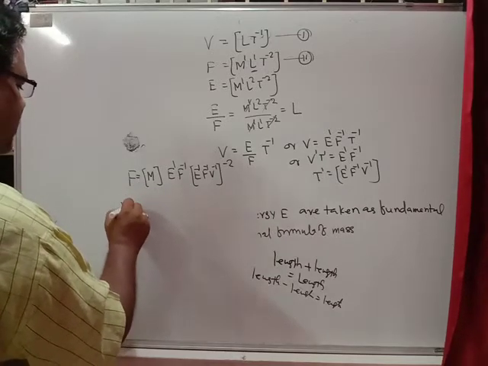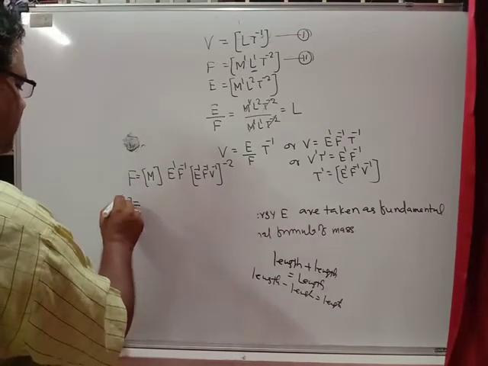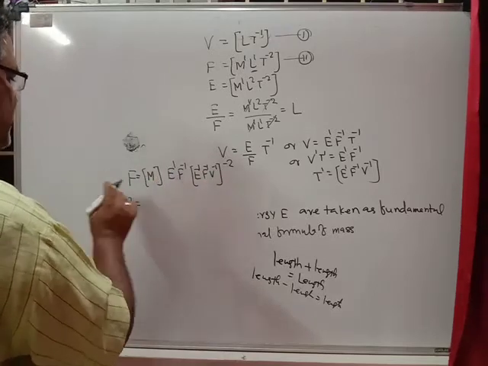If you find the dimensional formula of M, all will come to this side.